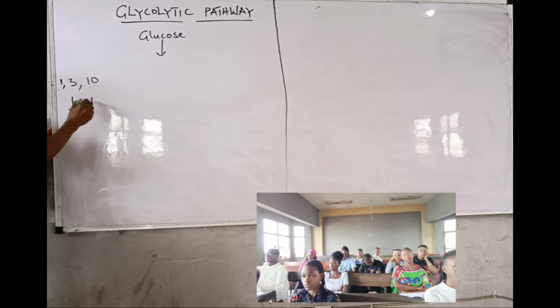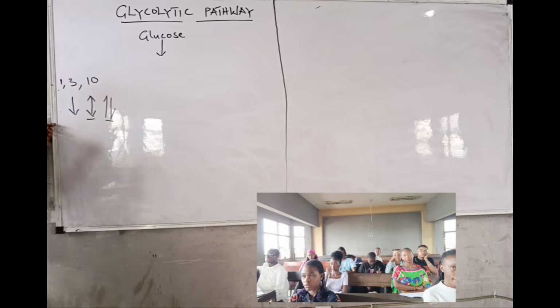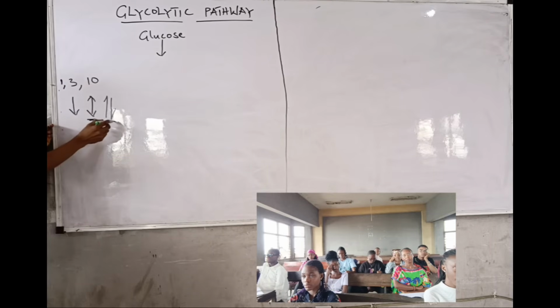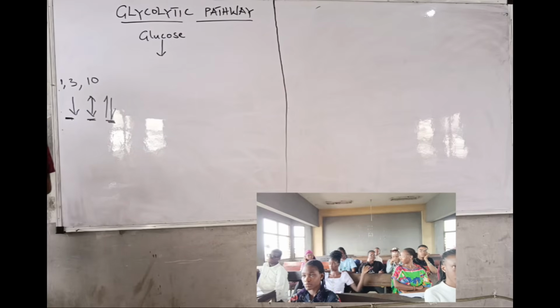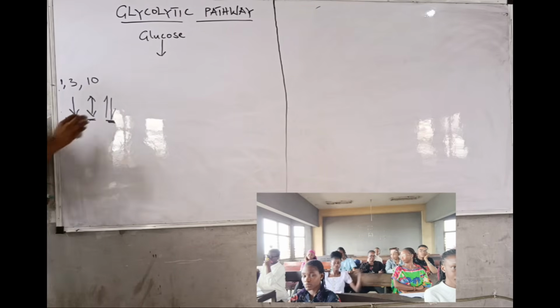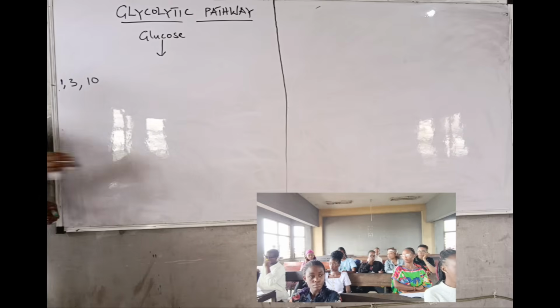But if I write it like this or like this, it shows this is reversible, right? You can proceed on both sides. So anywhere we have reversible reactions, we'll use this or this. I prefer this, but they are both correct. Then where we have irreversible reactions, we'll use this. So we have 3 irreversible reactions in glycolysis: step 1, step 3, and step 10.